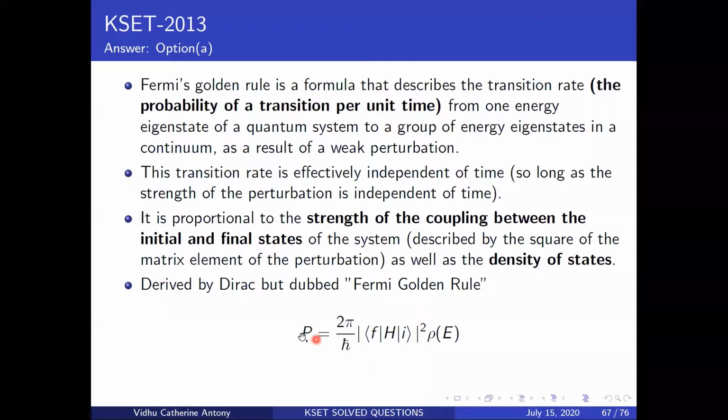The rate is 2 pi divided by h bar, and the key thing to remember is, one, it is proportional to the strength of the coupling between your initial and final states, and it is also proportional to the density of states. These are useful in constructing laser systems because they involve transitions from one level to the next level, and that's how you get your laser light.